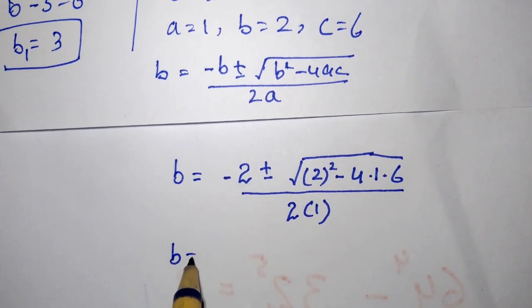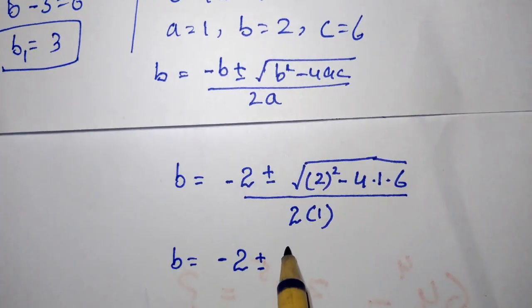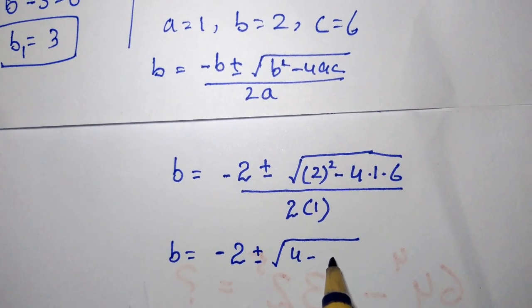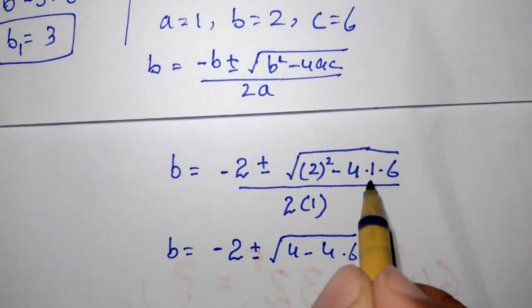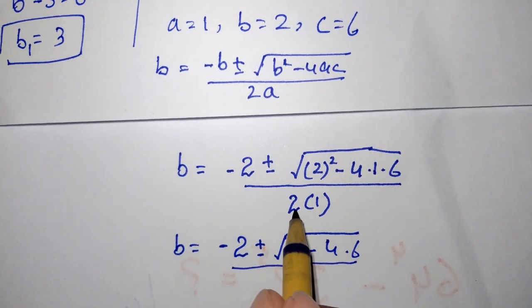B is equal to minus 2 plus or minus square root of 2 square is equal to 4, minus 4 times 1 is equal to 4, 4 times 6, over 2 ones are 2.